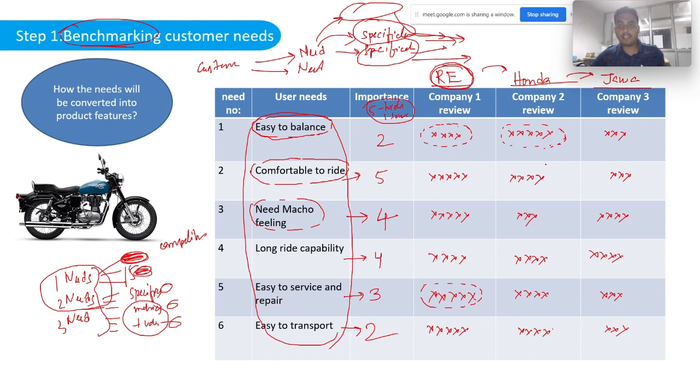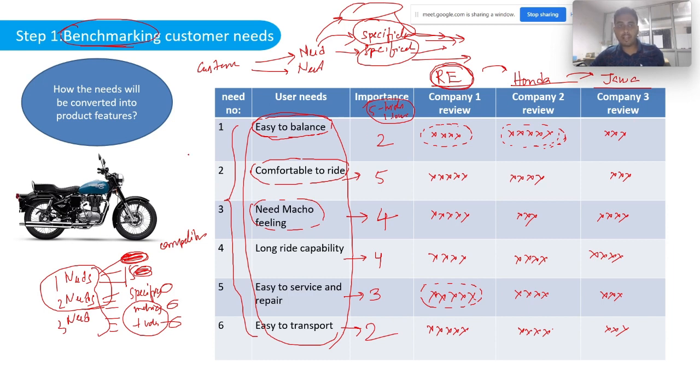Similarly, if Honda is very good at balancing, that does not mean your entire design should copy Honda bikes. So you need to select, compromise, and design within the constraints that you want to capture through your design, because not all customer requirements might be addressed by the competitors.